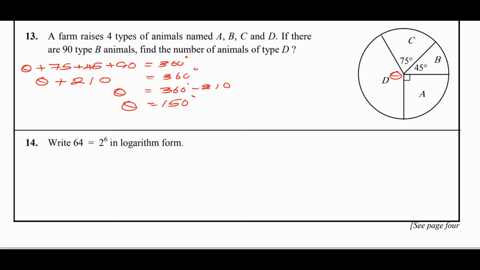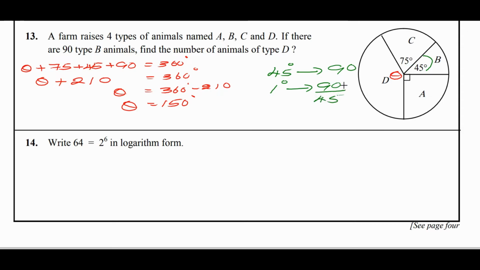This is not the answer. We are asked to find the number of animals of type D. We are given that there are 90 animals of type B. Now consider type B. The 45 degrees angle represents 90 animals. Then 1 degree of angle represents 90 divided by 45 animals.